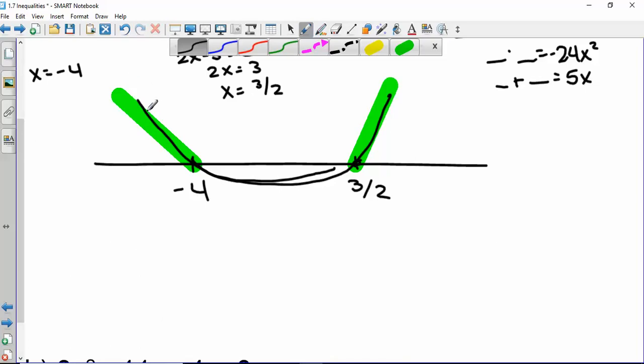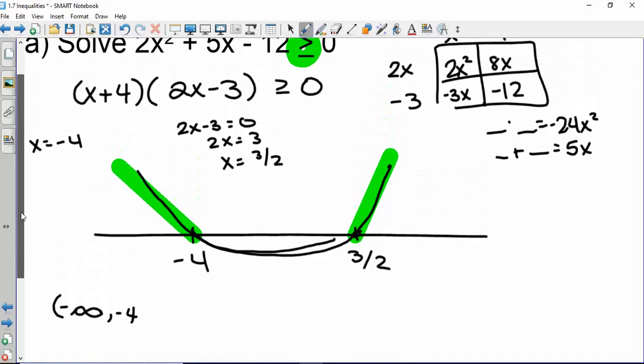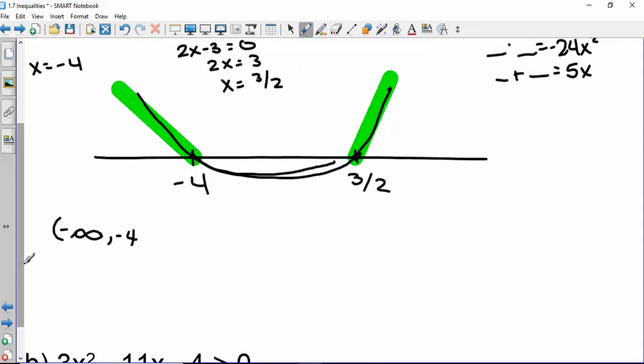The first one, it's essentially anything before -4 would work. So it's coming from negative infinity, and the infinities always get a parenthesis, comma, ending at -4. We had an equal to, so that means the -4 gets a bracket.